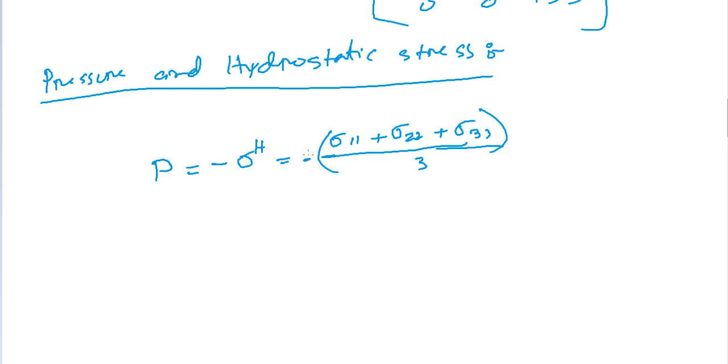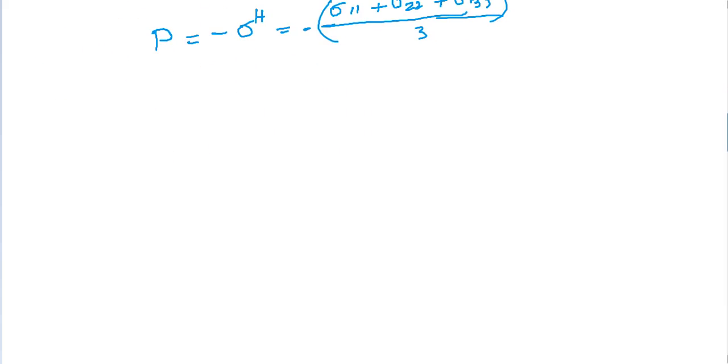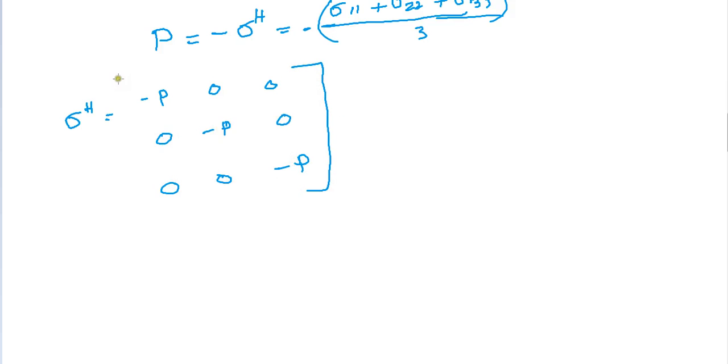So the hydrostatic stress tensor can be expressed in terms of P: it is minus P 0 0, 0 minus P 0, 0 0 minus P. This is almost a non-topic because hydrostatic stress usually has no impact on incompressible material at all.